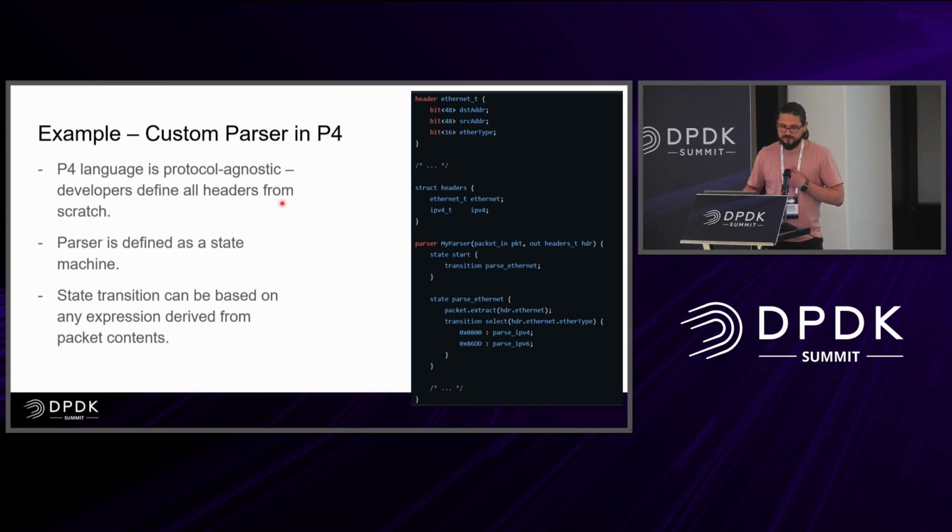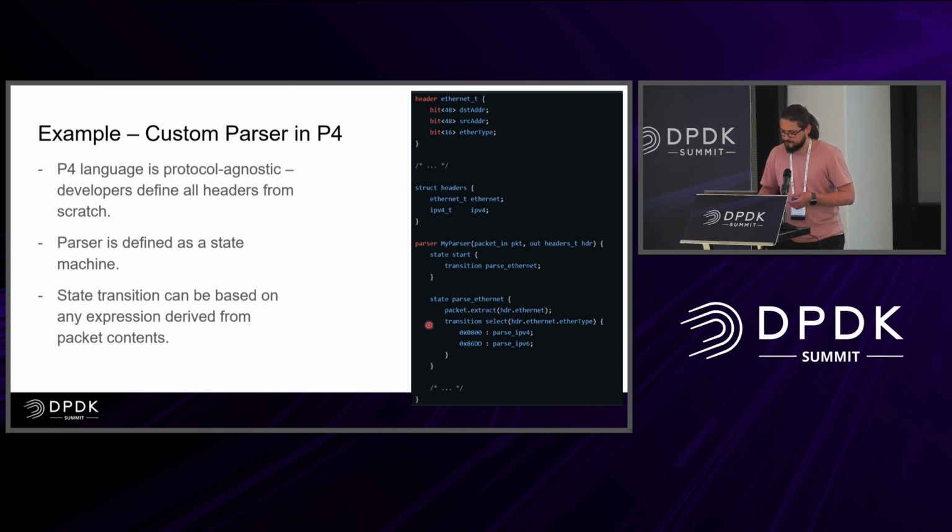In the P4 language, there is no built-in definition of what even standard network headers look like, and developers define them from scratch. So for example, here we define our structure of the Ethernet header, in this case without any VLANs. And the parser is defined as a kind of state machine. We start from the start of the packet, we assume that all the packets are Ethernet, and we go to the parse Ethernet state.